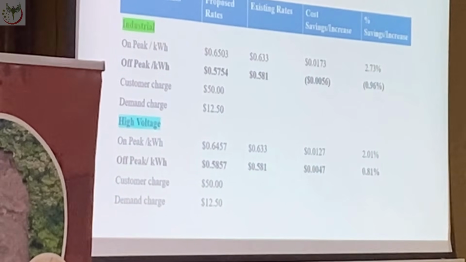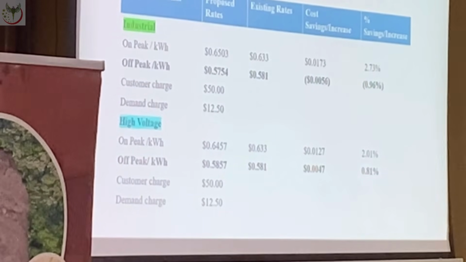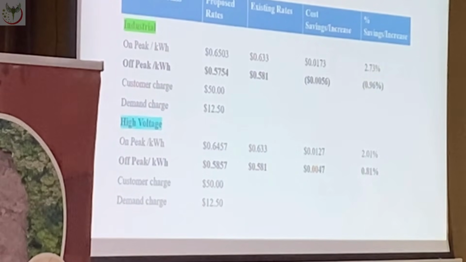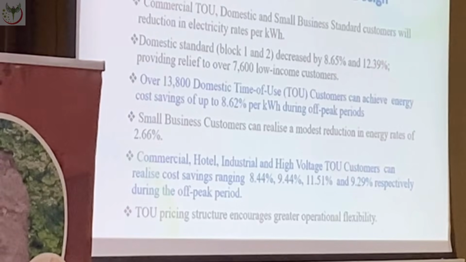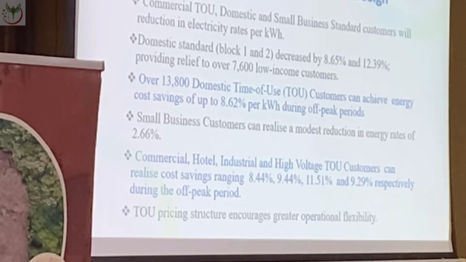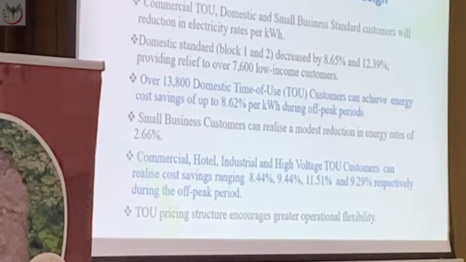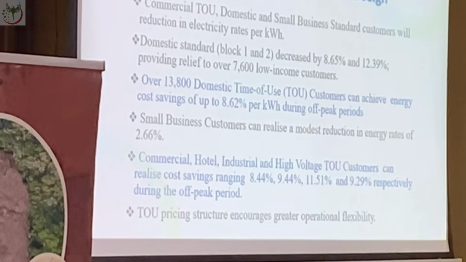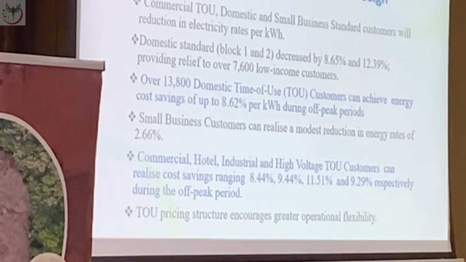So we are seeing for the high voltage, there's a 2.01% increase in the on-peak and in the off-peak, there's a 0.81%. Now the analysis overall shows that domestic, small business standard, and commercial time of use customers will enjoy a reduction in the proposed tariff compared to the existing rates.